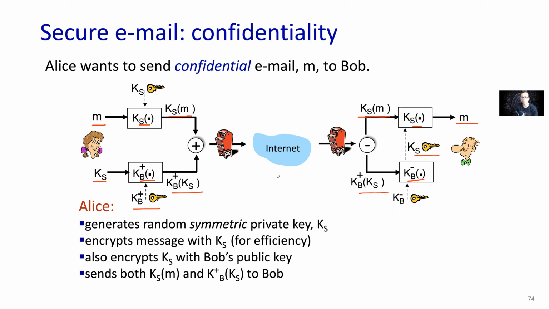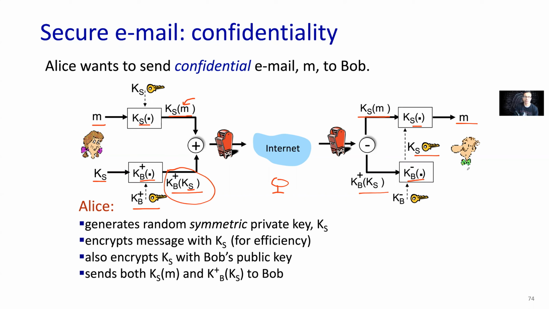Now you might wonder, what if someone else in the middle gets access to this? Well, if they get access to this, firstly, they cannot decrypt this because they don't have KS. So they're never going to be able to figure this out. And they're also never going to be able to extract this key, because there is no way for someone on the internet to decrypt this, as they would not know Bob's private key, right?